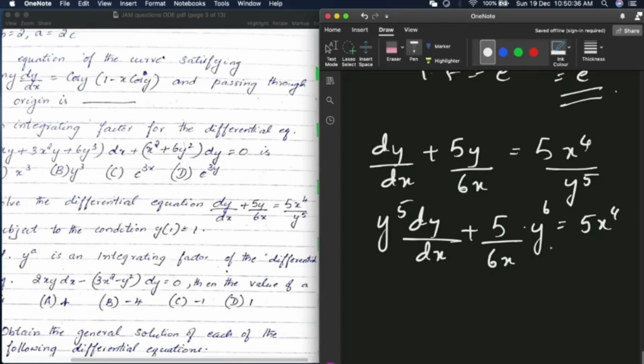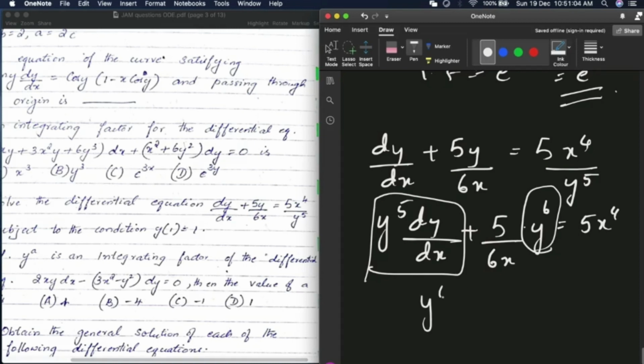So here, since y raised to 6 comes here and y raised to 5 dy by dx comes here, that means if I differentiate this, I'm going to get this term. This is what you want for substitution anytime, for Bernoulli's or Legendre's or whatever. You're trying to reduce it into linear. So whatever substitution you make, the new variable that you introduce, you're trying to make it linear in that variable. So its derivative should come here.